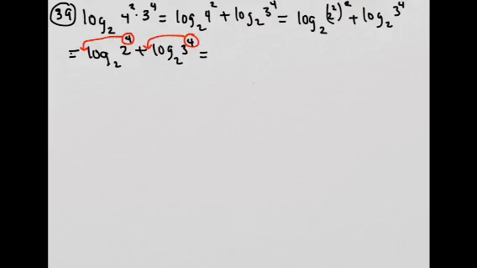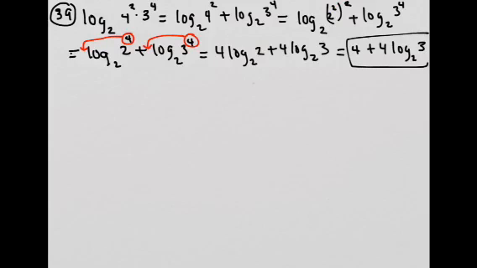So I get 4 log base 2 of 2 plus 4 log base 2 of 3. But log base 2 of 2 is 1, right? If the base and this number are the same, then this log is equal to 1. So 4 times 1 is 4. So this becomes 4 plus 4 log base 2 of 3. And that's as simplified as we can get it.